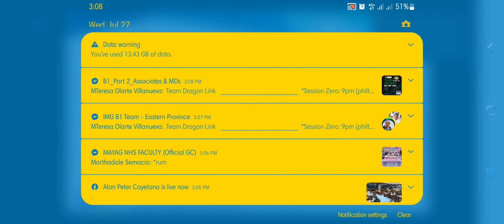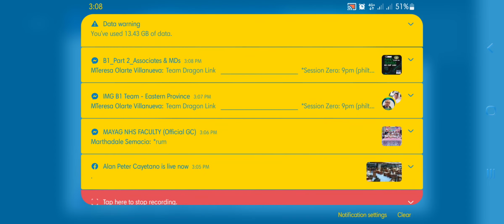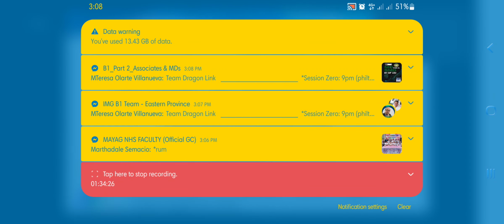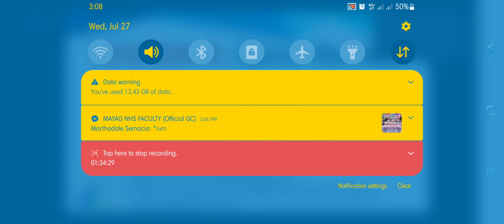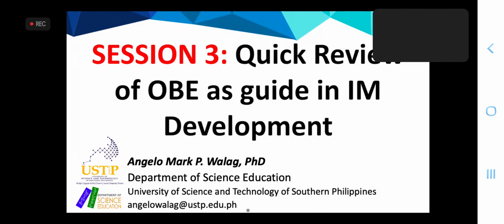This time, we will go to the heart of IM development, which is to develop an outline of our IM and identify what should be taught and how we should assess our learners. This session is very important for college teachers because we use OBE, outcomes based education, as our curriculum framework in tertiary education in the Philippines.